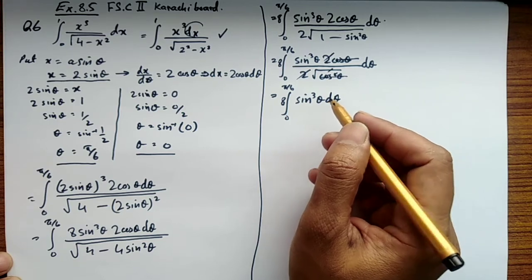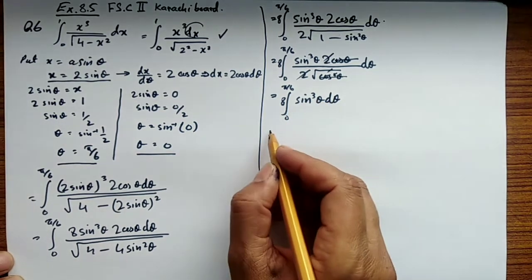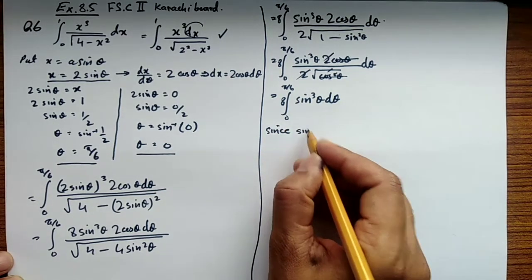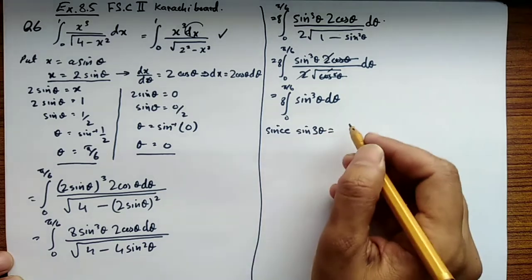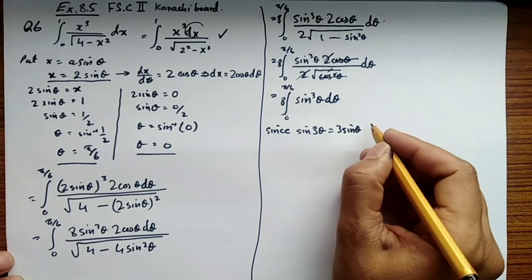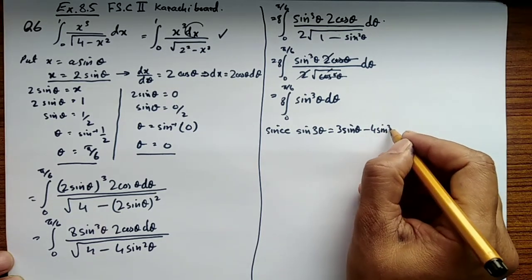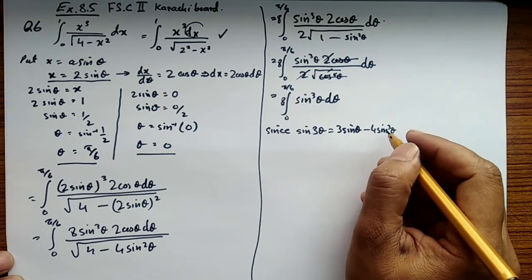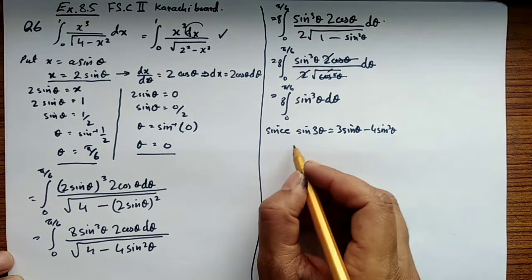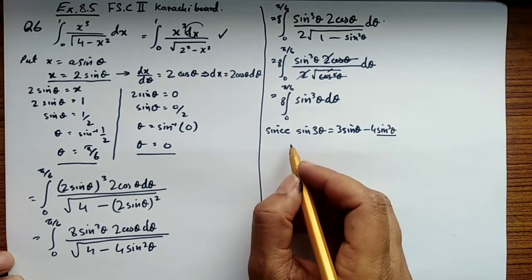So now further, in place of this sine cube of theta, we know that sine 3 theta is equal to 3 sine theta minus 4 sine cube of theta, right? So from this equality, I'm going to find the value of sine cube of theta.